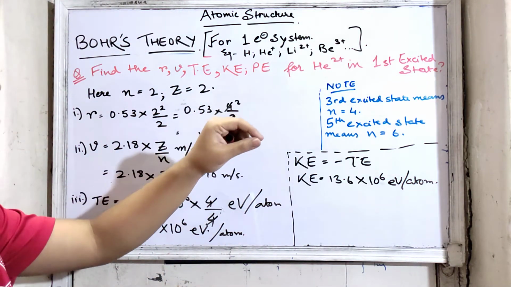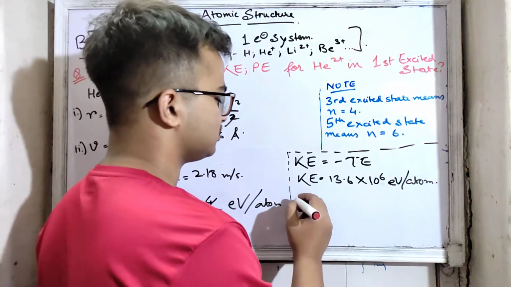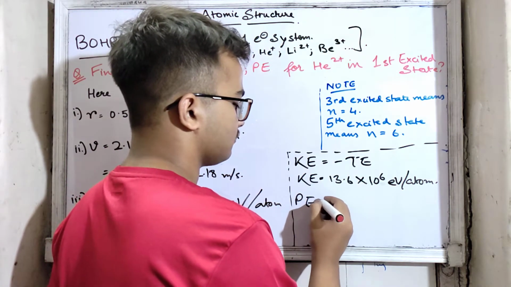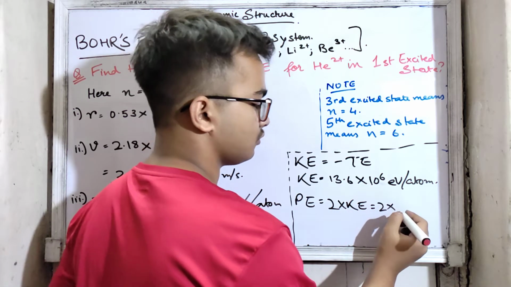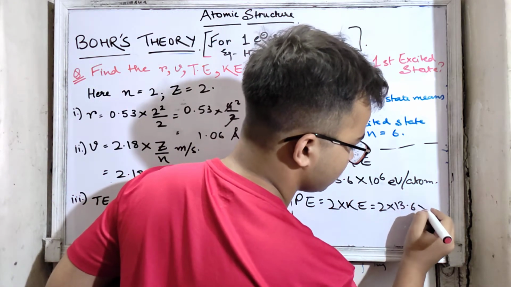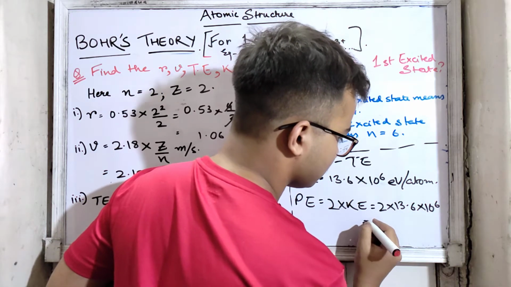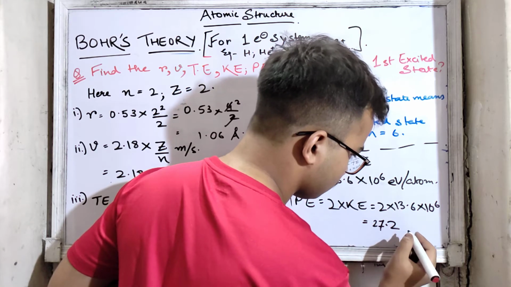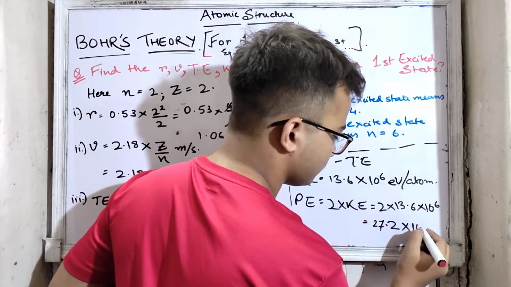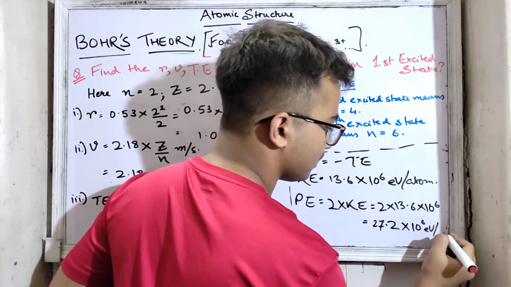After that they are asking for the potential energy. So potential energy is twice the kinetic energy, equal to 2 into 13.6 into 10 to the power 6, which comes 2.72 into 10 to the power 6 electron volt per atom.